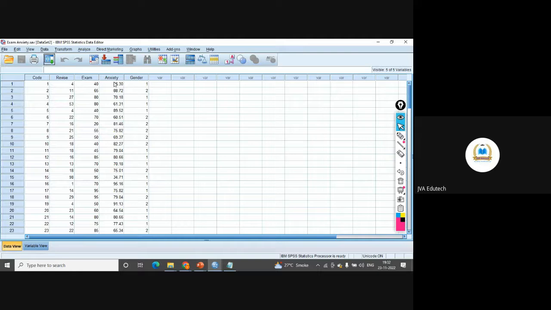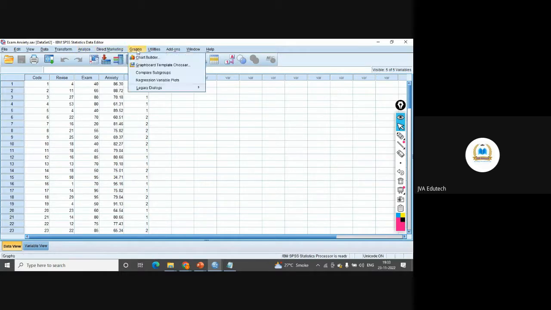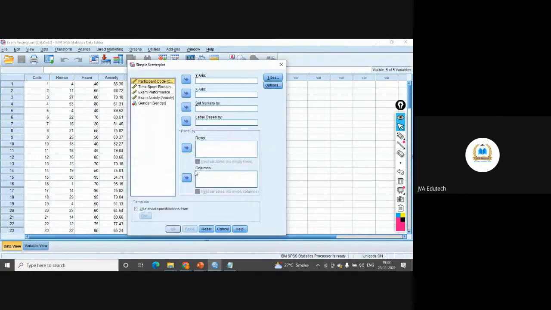Before you move on to correlation, the best test for any correlation is a scatter plot. If you want to have an initial look at the data through a graph, you can plot a scatter plot. So you can go to graphs, legacy dialogues, and from here scatter. Click simple scatter, define.